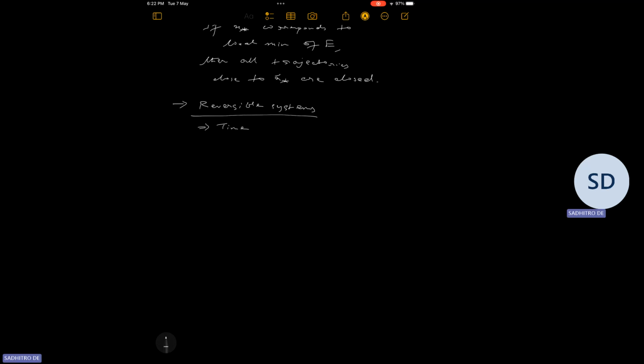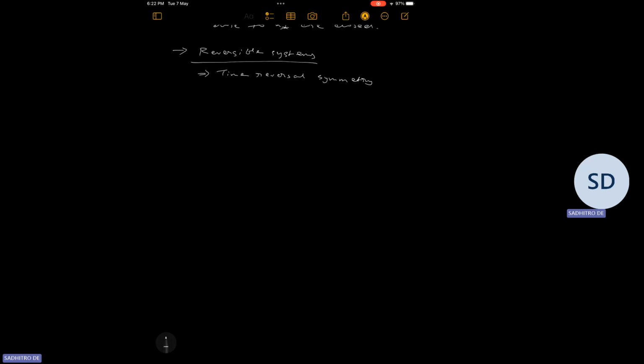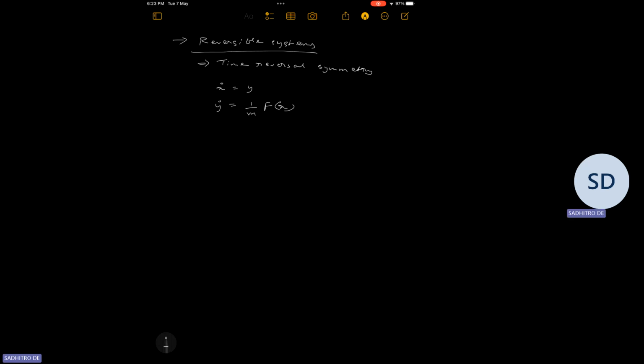By time reversal symmetry, I mean that if you change the time t to minus t, the solution remains the same. That means the system remains unchanged. An example of a system that obeys time reversal symmetry is x dot equal to y and y dot equal to a function of x, where y is the velocity.